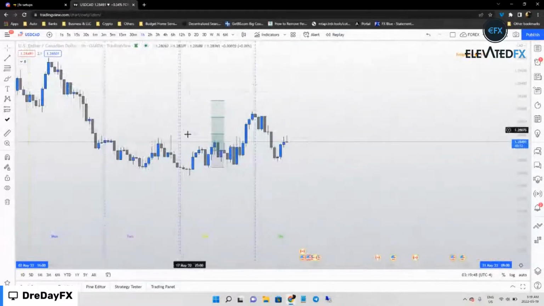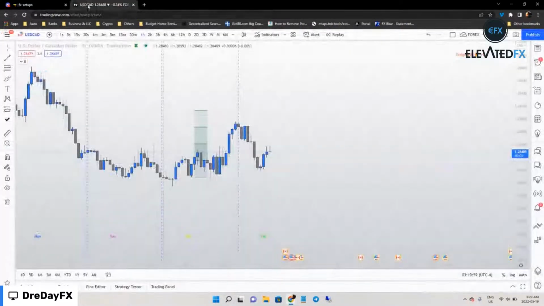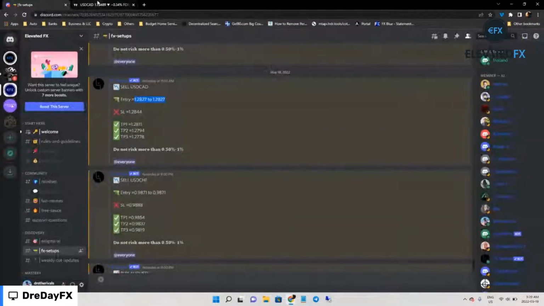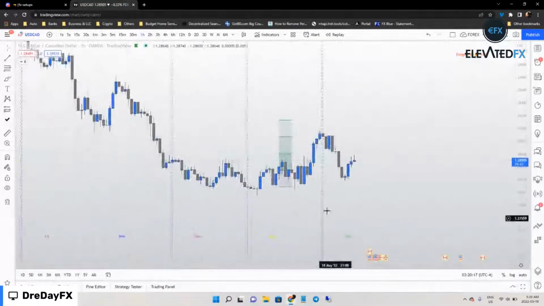So this signal here was a buy, but the actual signal was not printed out for some reason. So we're just going to take a note and send it to our development team. But what I do personally is look at where we're at in the market, and whether it makes sense to take the trade in that direction, if we're going on an uptrend or a downtrend.